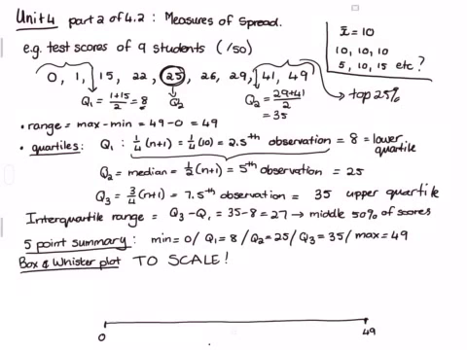This is my 49. So if I said every one is 2 millimeters, I would put 49 at 98 millimeters. Then I would mark off my 8, which would then be at 16 millimeters. My 25 and my 35. And I can already see mine is not good enough to scale.